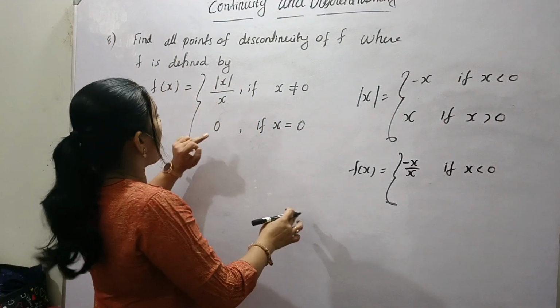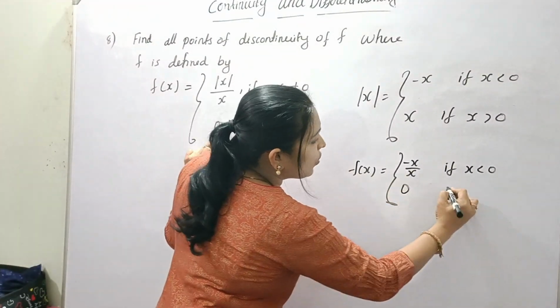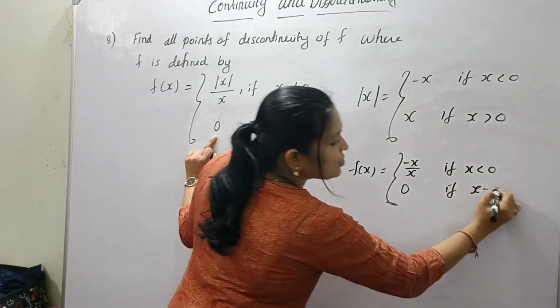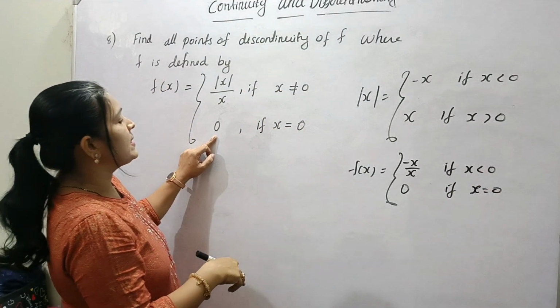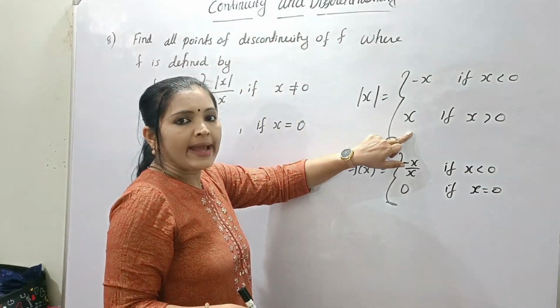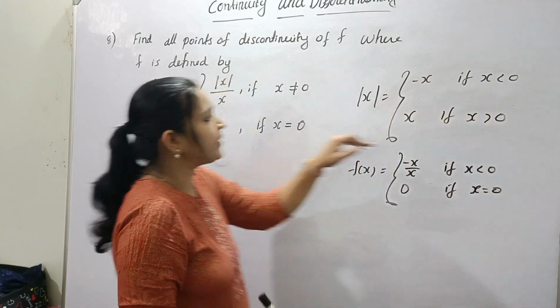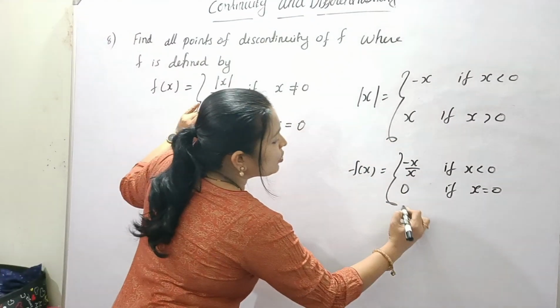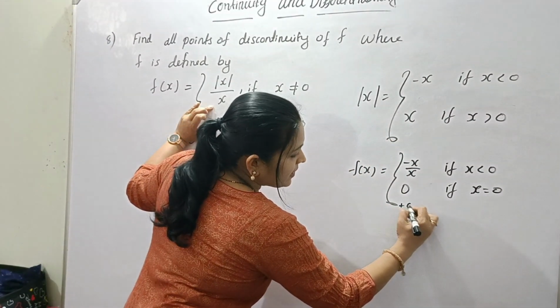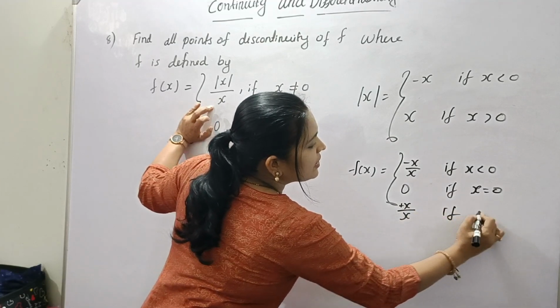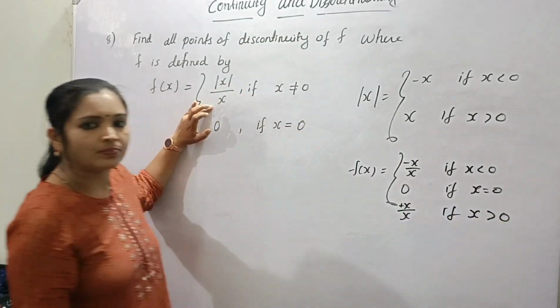Okay. Then the function is 0 if x is equal to 0. Okay. Next, see, modulus x is equal to x if x greater than 0. Therefore, this can be written as plus x divided by x if x greater than 0.